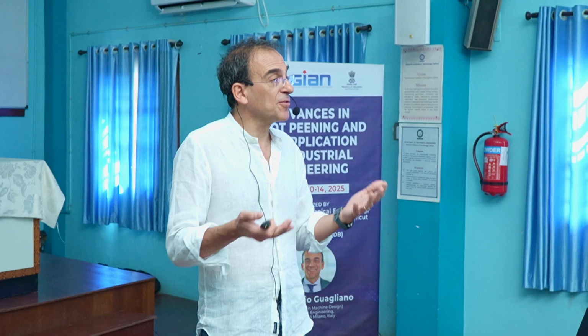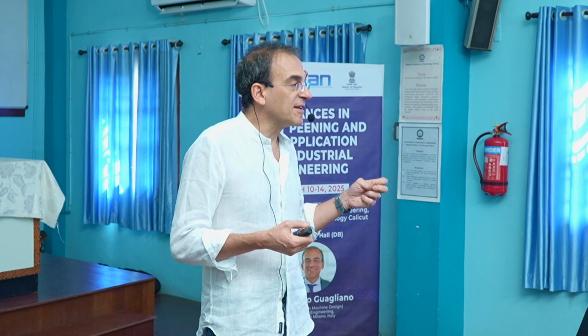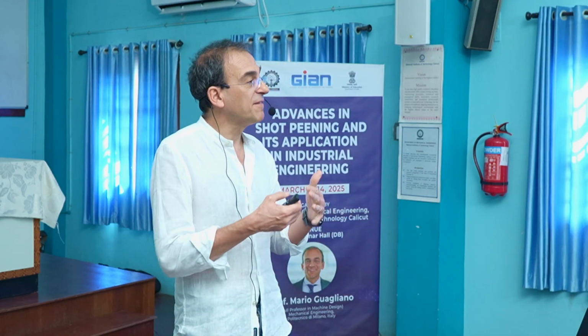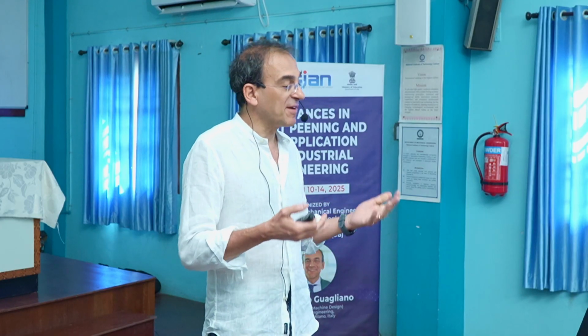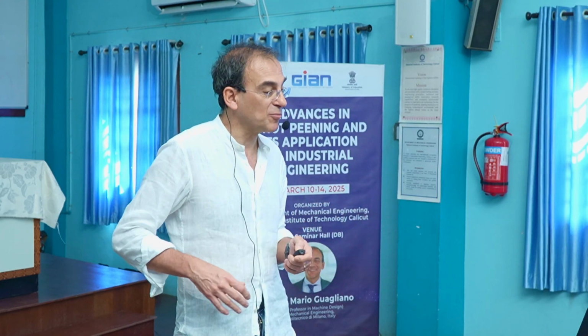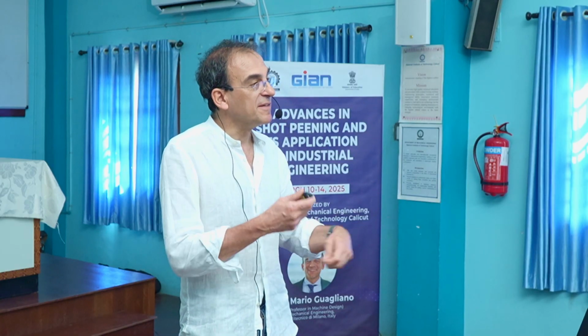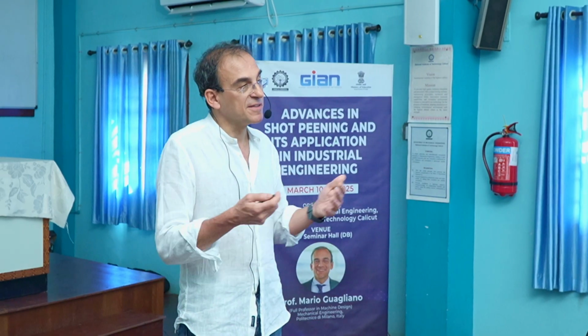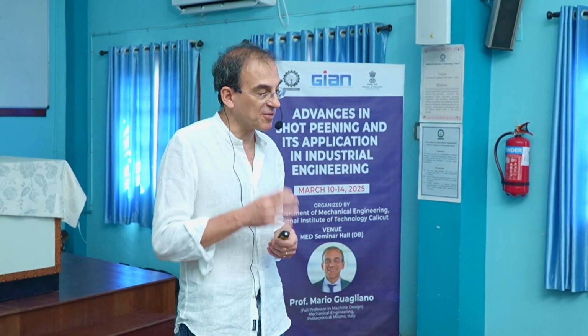But we also notice that if we are using a higher intensity, we can reduce the time, but we risk damaging the surface because the impact energy is too much. And step by step, dimple by dimple, indentation by indentation, we can go into the so-called overpeening, which is not wanted, but is damaging the surface.